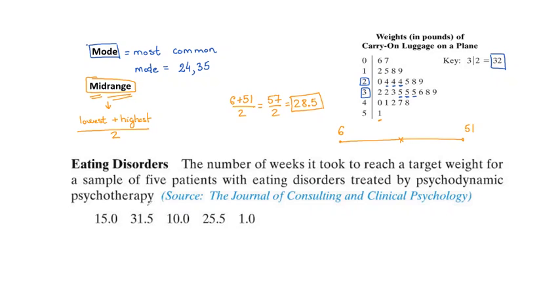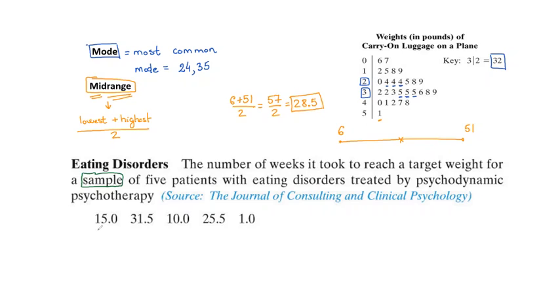Now you can go ahead and practice finding all of these measures using this next example. After you practice, let's see if you got the same values that I got. So I will simply write down the results. For this example, because I have a sample, I'll be using the proper notation.